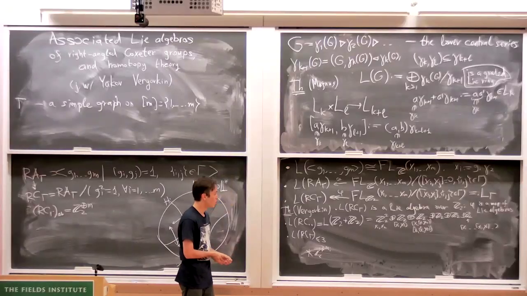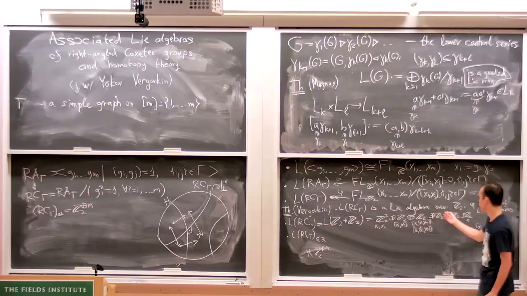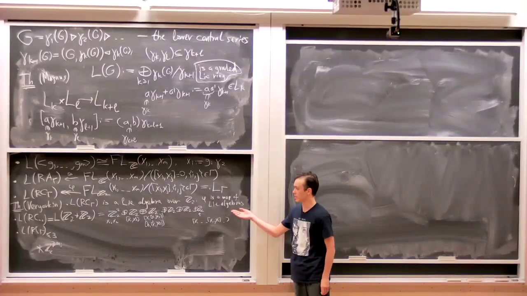And we move on. Let me explain what we have constructed. To do that, let me rephrase the fact that this is a Lie algebra over Z2. What does it mean? If I have an element and I multiply it by 2, I obtain 0.